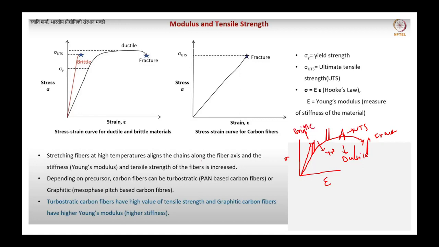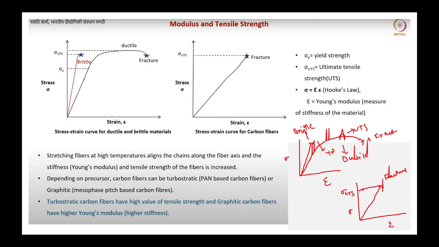So this is your ductile and brittle stress strain curve. For carbon fibers, how will it look? It will go like this, and it will fracture here. The point corresponding to this fracture is nothing but your tensile strength, and this is your stress.